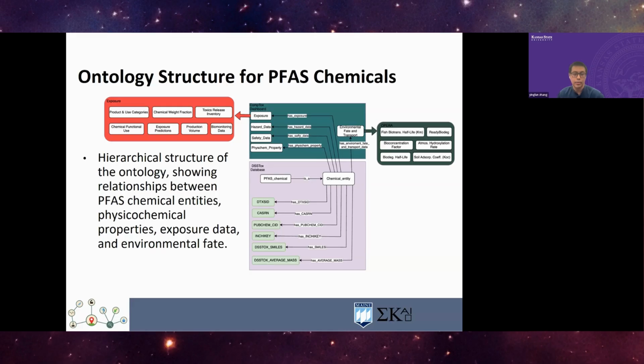We use multiple chemical identifiers such as DTXSID, CAS number, PubChem CID, InChIKey, and SMILES to ensure the data can be linked and queried consistently across sources. We also developed this structure through multiple rounds of discussion with domain experts to make sure that it reflects the important relationships needed for PFAS monitoring and decision-making.